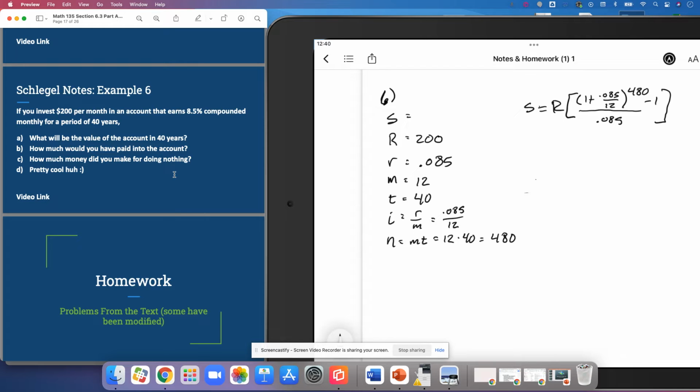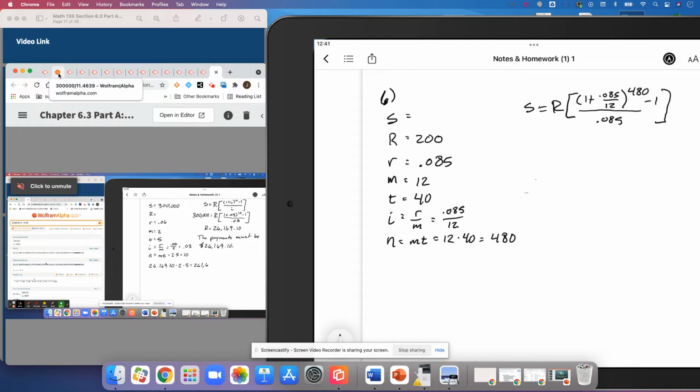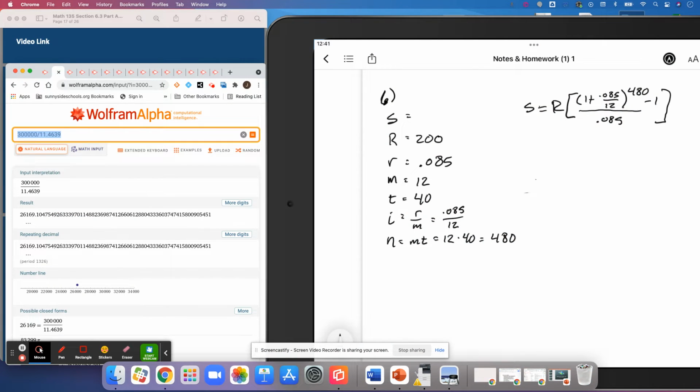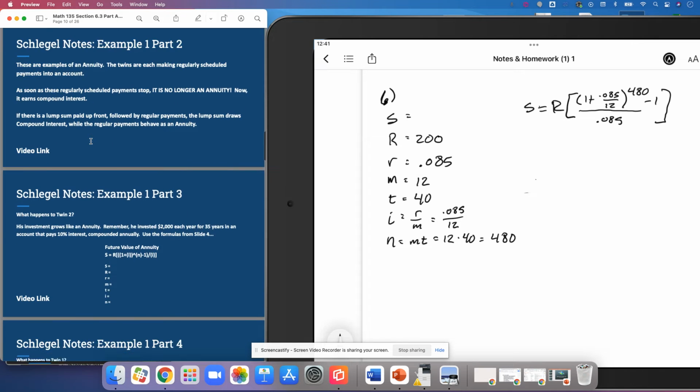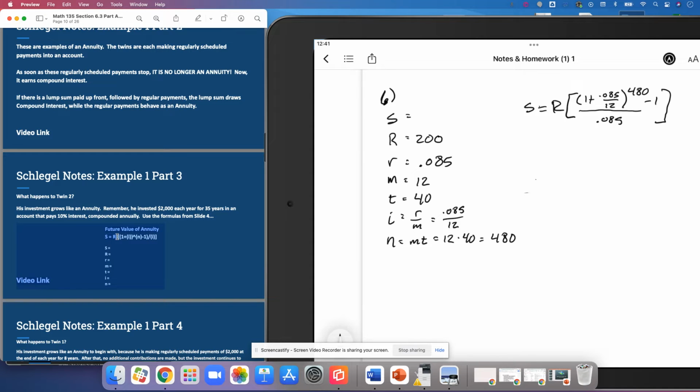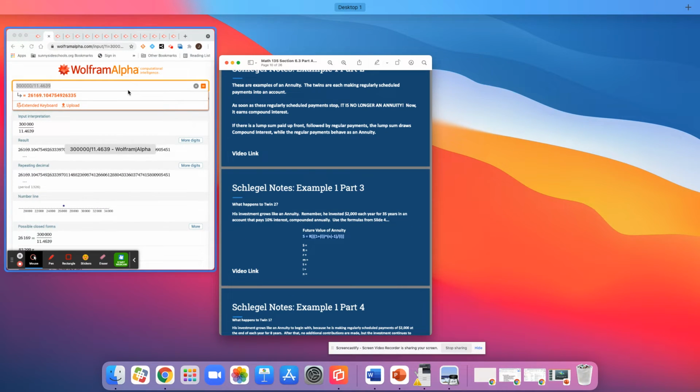There we go. So thank goodness for the copy paste feature that we can do with Wolfram. Makes life much better. Nope, that's not what I wanted to do. I need to go copy my formula once more. Everyone, bear with me. I'm definitely not going to be typing these by hand.